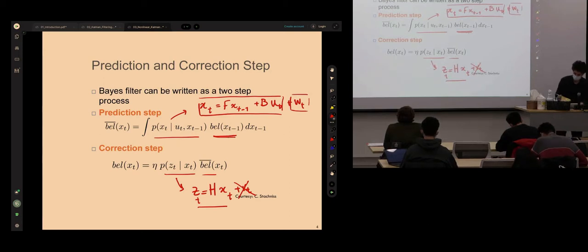So the integral, I answer the one that I can here first.